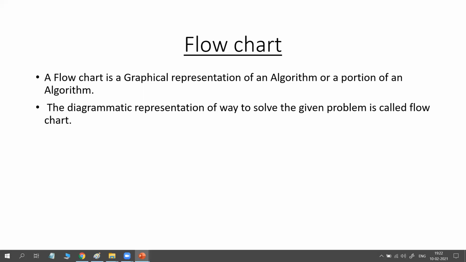So whatever you showed in the stepwise process can be converted into diagrammatic notation, and that is nothing but a flowchart. But how to construct this diagram? We need some symbols. So there are flowchart symbols. There are a lot of symbols, but we will see some basic symbols. To draw this flowchart, we need to know some flowchart symbols.